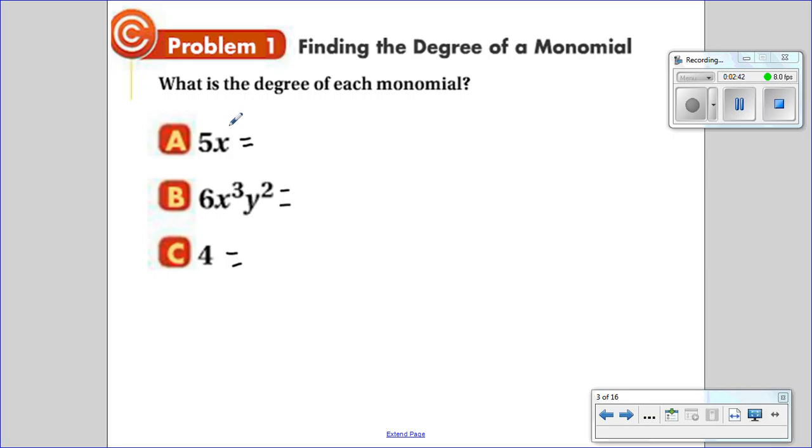Hopefully for 5x, you said 1, because this x has a 1 there. For 6x cubed times y squared, we would add up the 3 and the 2, so that gives us a degree of 5. And the 4 has no variables or exponents, so therefore it is 0.